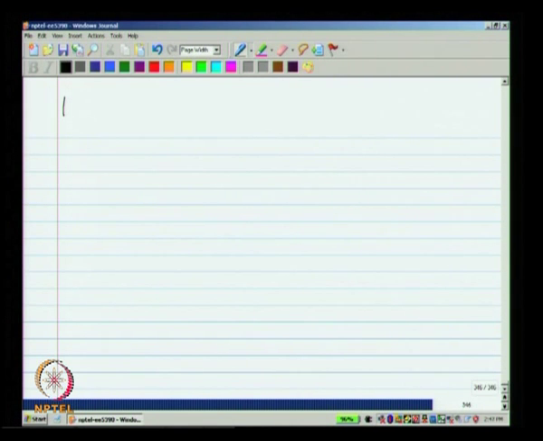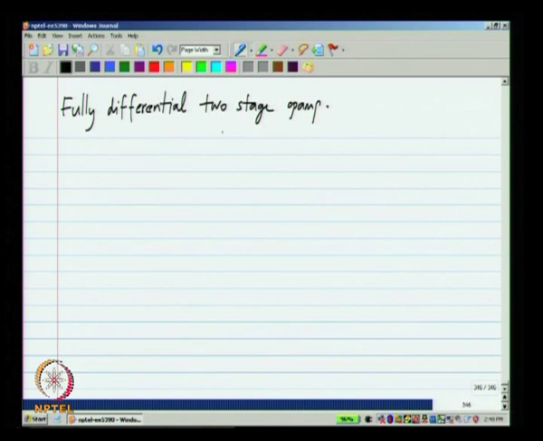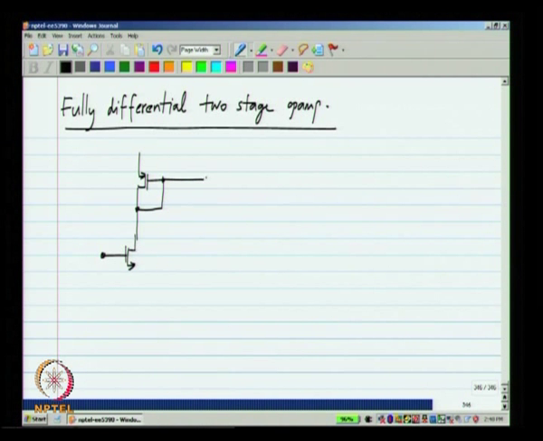Now, we will go on to the fully differential two stage op amp. Okay. Now, let me first draw the single ended two stage op amp.